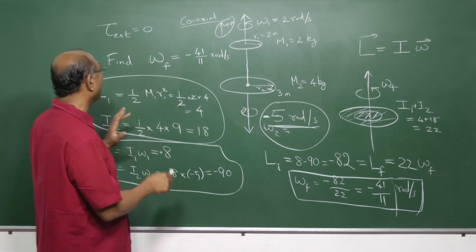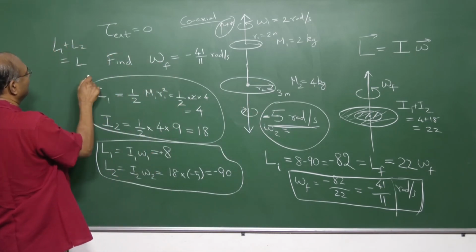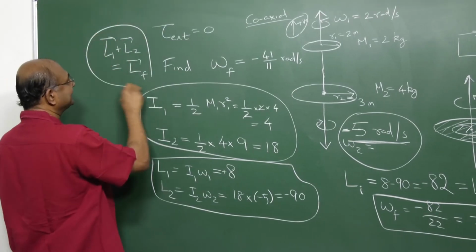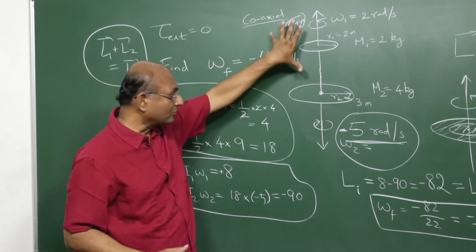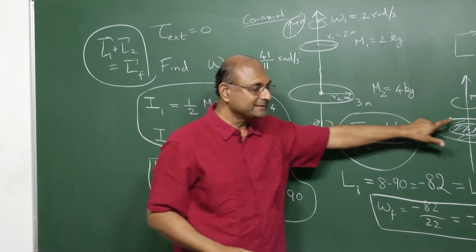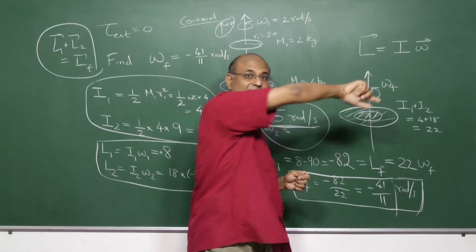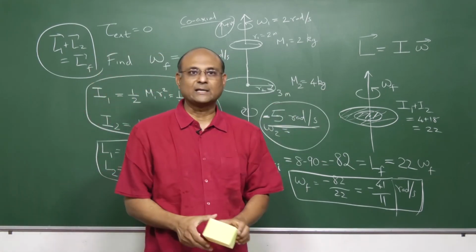When you say L1 plus L2 is L final, these are vectors, which means they come with sign. You should know that this one is positive, this one is negative, and the total answer turns out to be negative, which means this is not rotating like this, it is rotating in the opposite direction. So I hope this is clear. Can you please check whether everybody understood this solution?